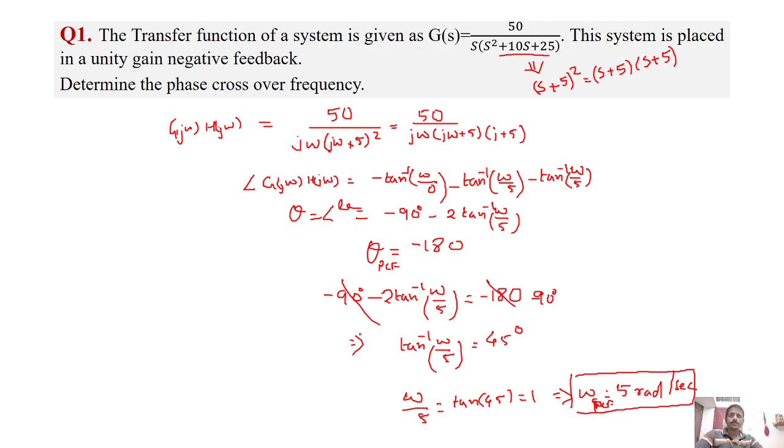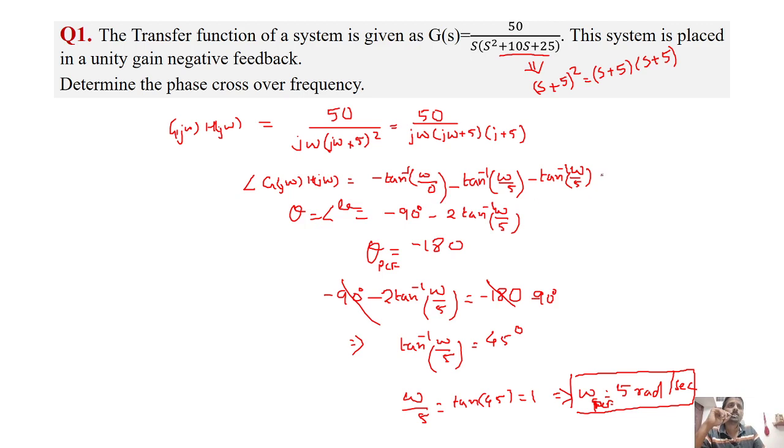I guess it's clear, but let me again brief it. We just need to find the phase crossover frequency. So in order to find it, we just need to find the frequency at which the angle crosses minus 180 degrees. So what we will do is initially write what is the angle based on this G of s into H of s.